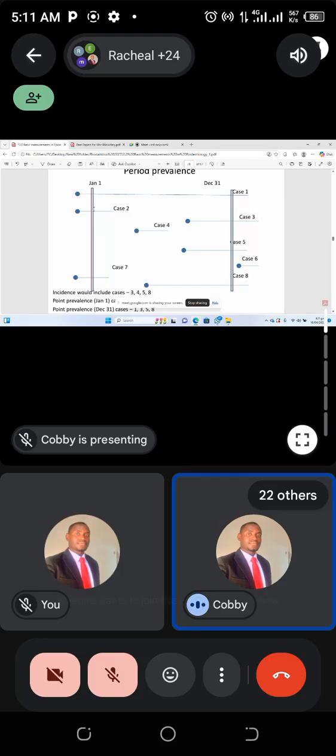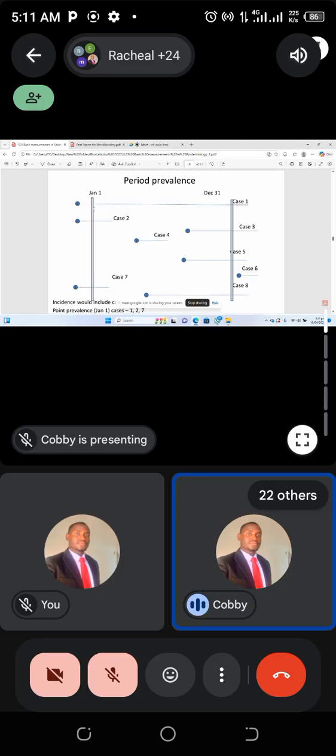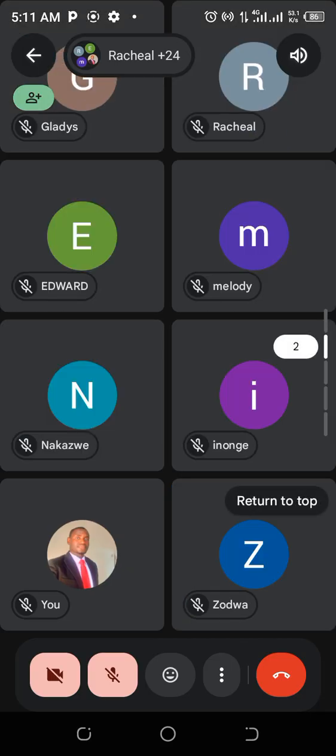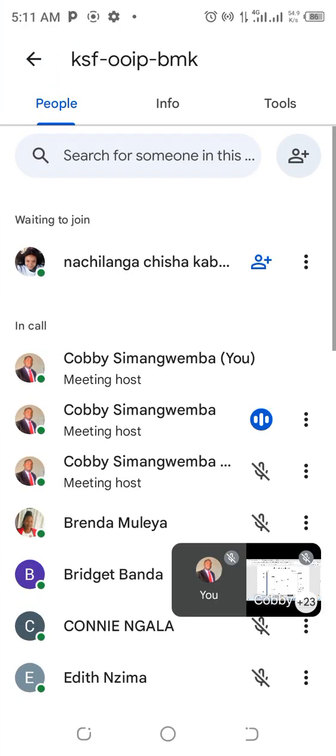So what is the incidence here? Can anyone help us determine the incidence? How many were new cases here?